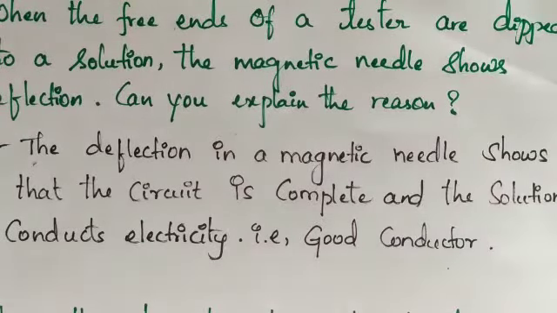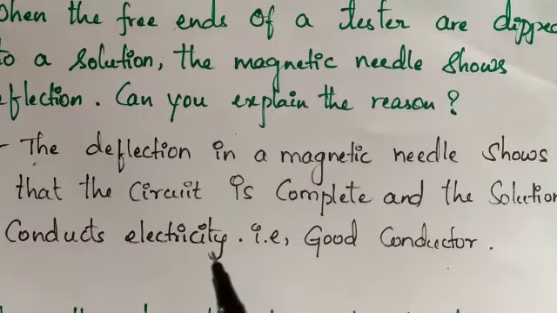If the battery connections are correct and the wires are not loose, the magnetic needle will show deflection only if the substance given is a good conductor of electricity.